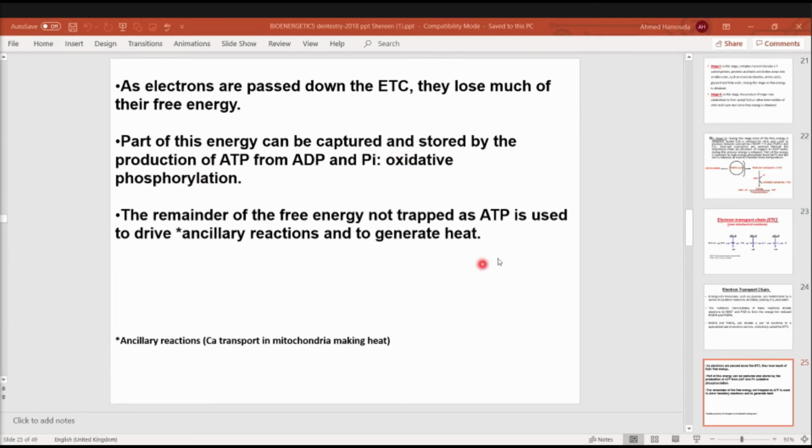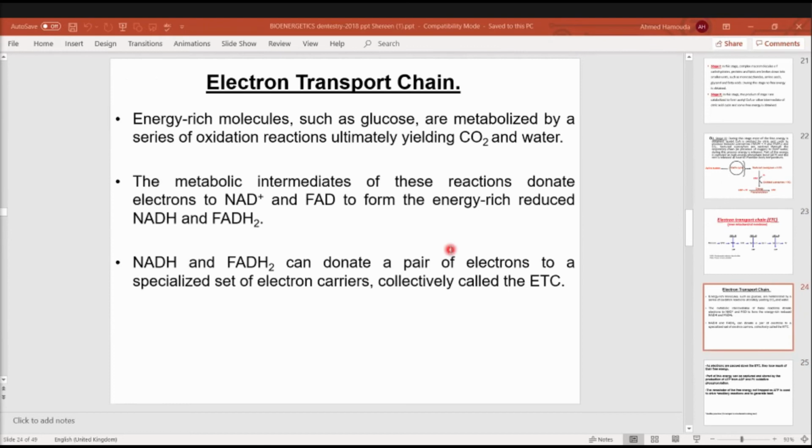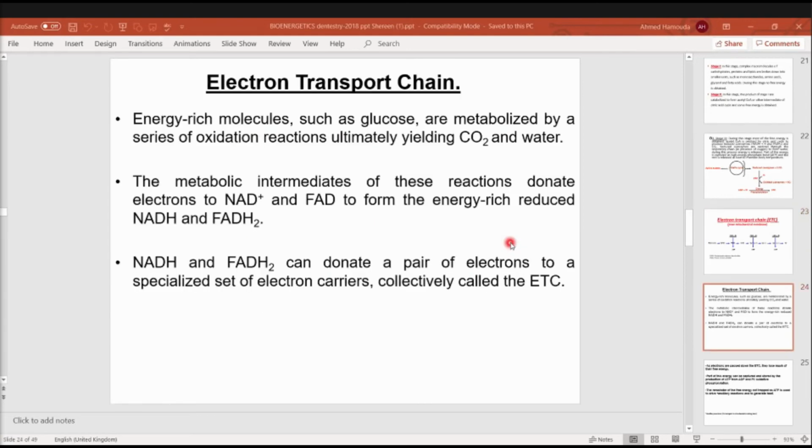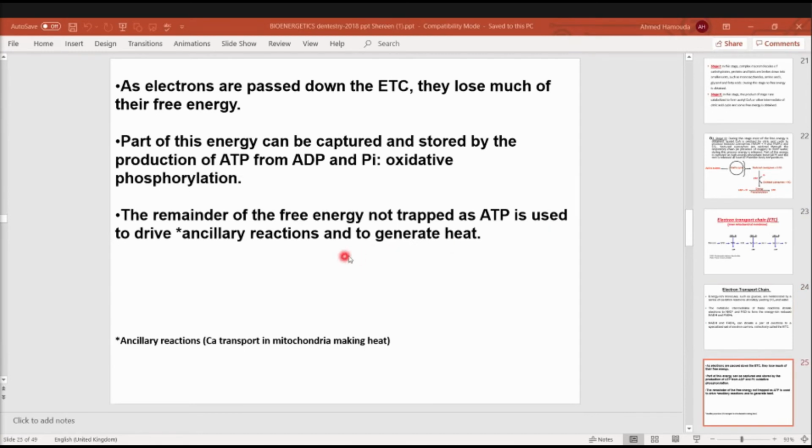The remainder of the energy not trapped as ATP is used to drive ancillary reactions and generate heat. As I mentioned before, not all the energy started from here is captured as ATP, but a small amount is used for body temperature and ancillary reactions. What does ancillary reaction mean?